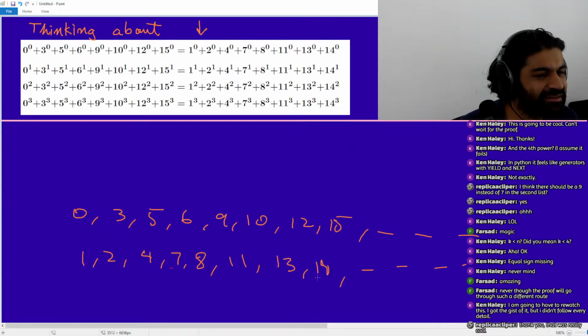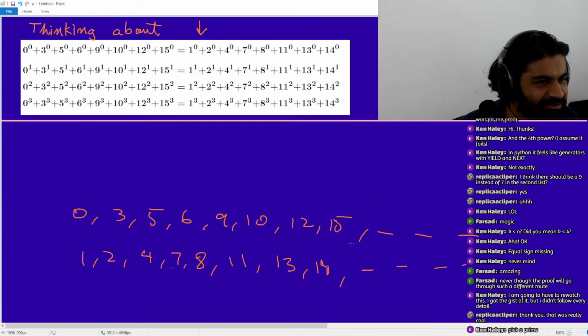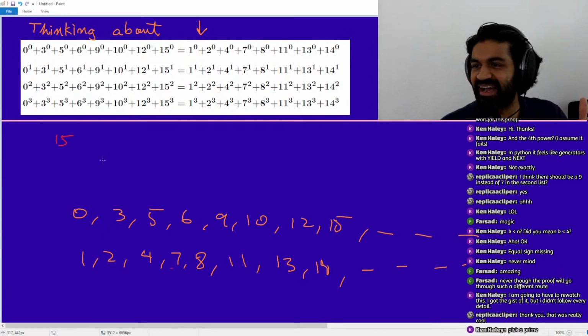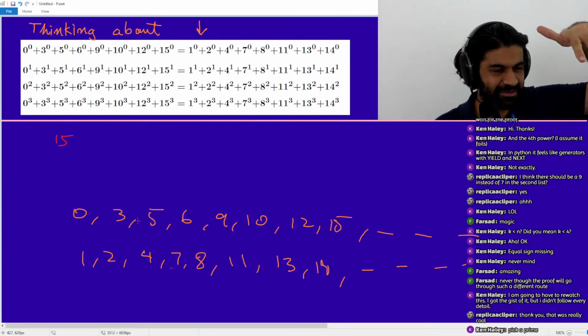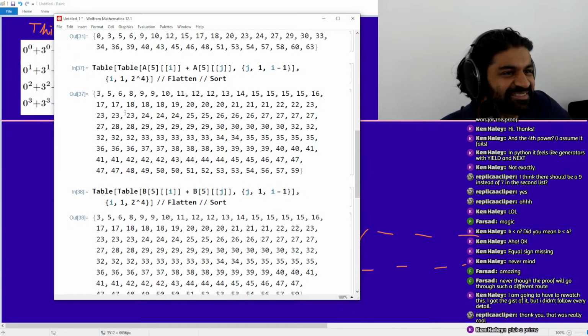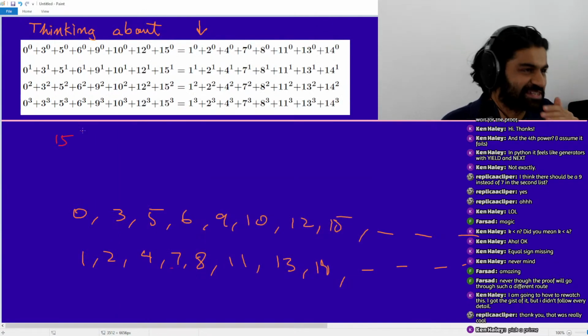Maybe 15? Okay, let's do 15. You would rather I do a prime? Okay, I wanted to do one you can write in multiple ways. I don't think there are any primes in the list that I've given that can be written in more than one way. So let me just do 15 and then I'll do a prime.